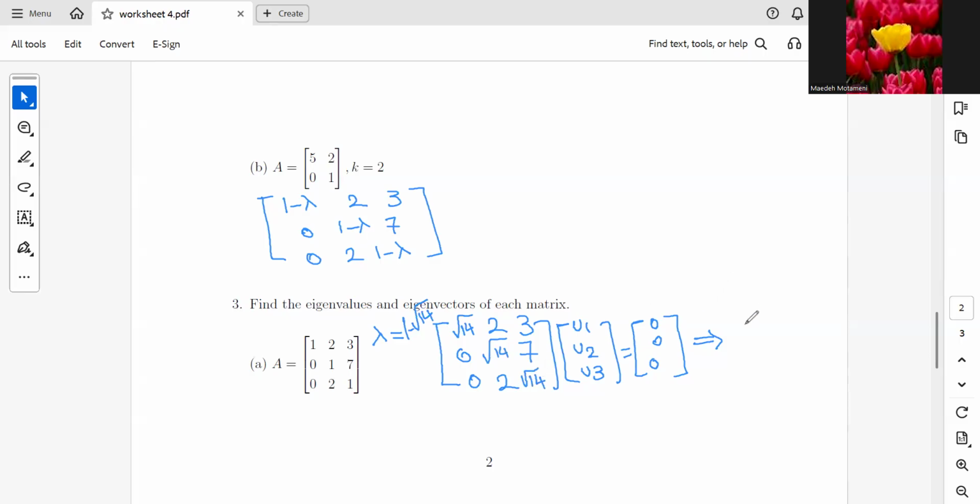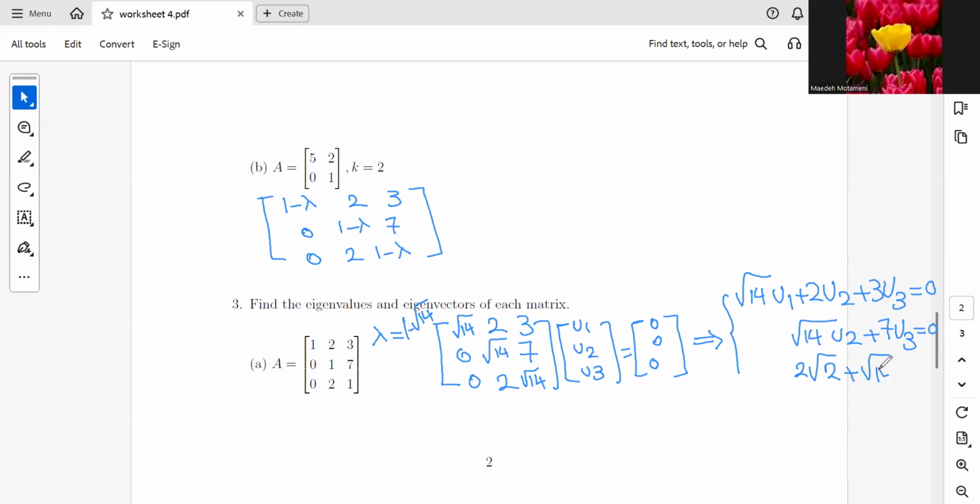If we multiply them together, we would have square root of 14 times v1 plus 2 v2 plus 3 v3 equals 0. And the next one, square root of 14 v2 plus 7 v3 equals 0. And the last one, 2 v2 plus square root of 14 v3 equals 0.